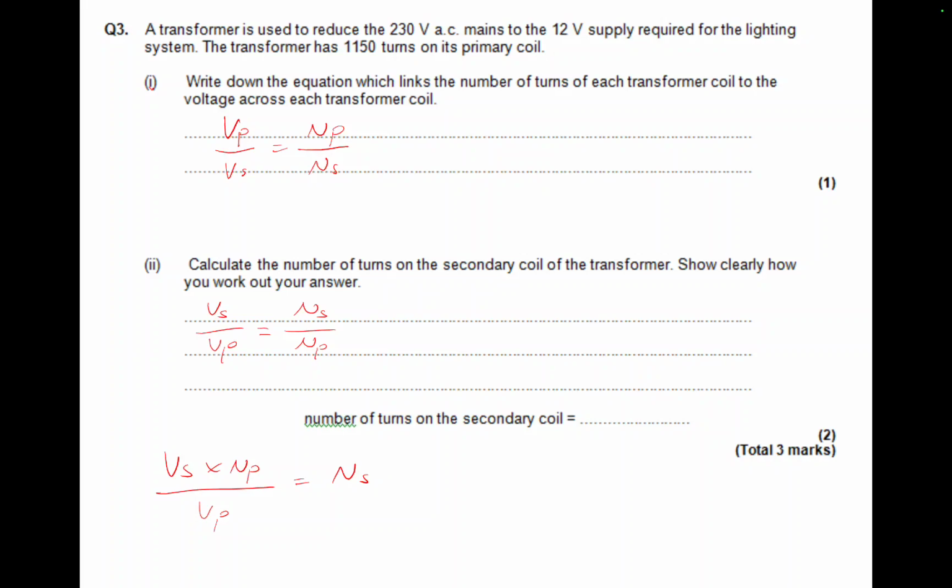So voltage secondary is 12 volts times number of turns on the primary, which is 1,150, divided by voltage on the primary coil, which is 230 volts. If you calculate that, that should give you 60 turns. Alright, let's move on. Let's try another one.